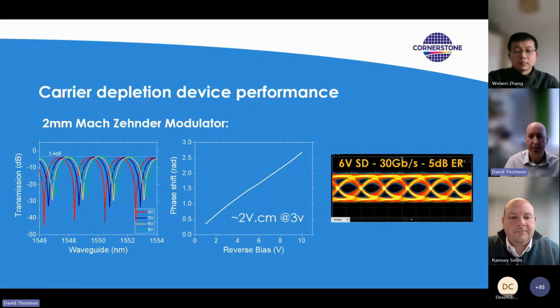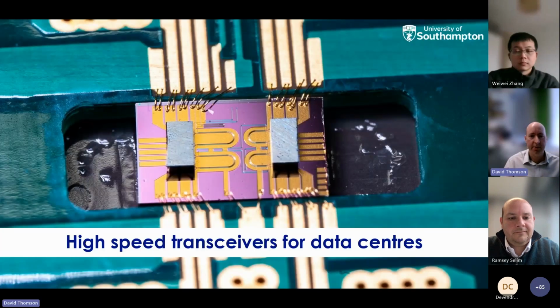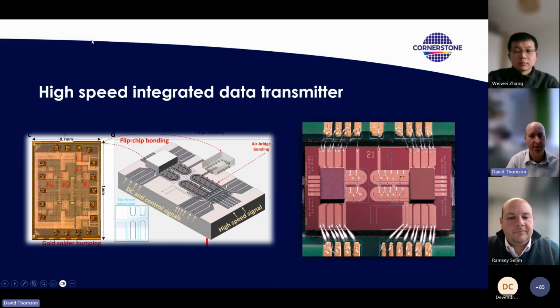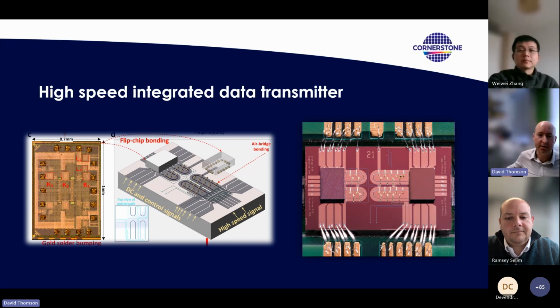So what can we do with that? The first obvious application is high-speed transceivers for data centers. In some of our research, we've been working on these high-speed integrated data transmitters, and what we've been doing is integrating electronics and photonics.